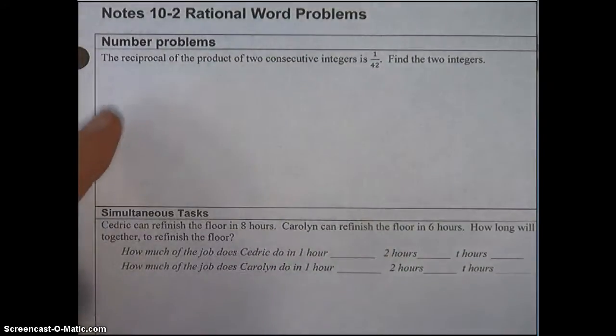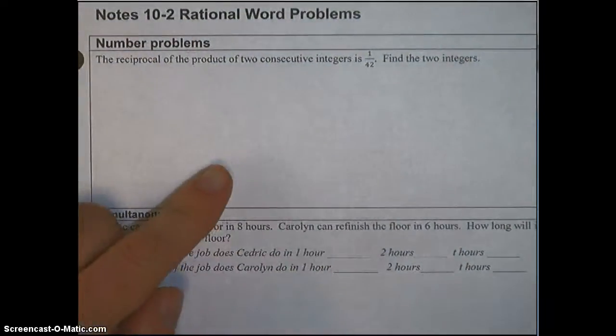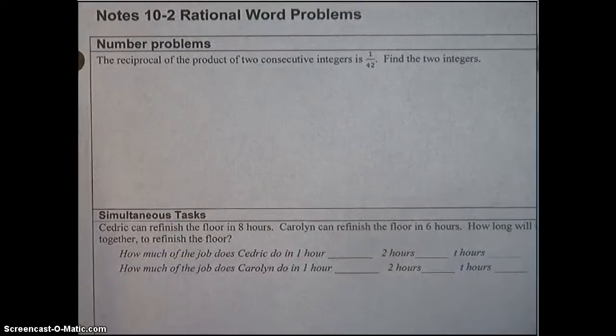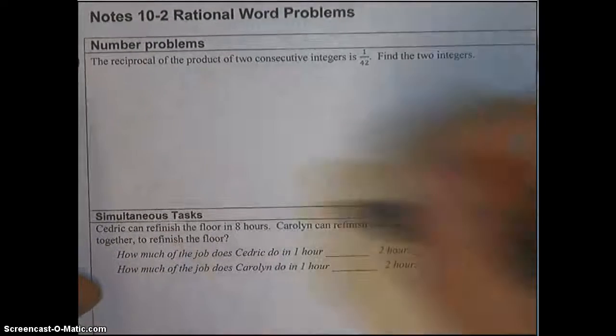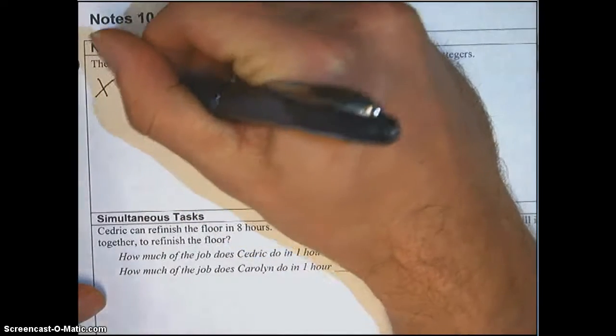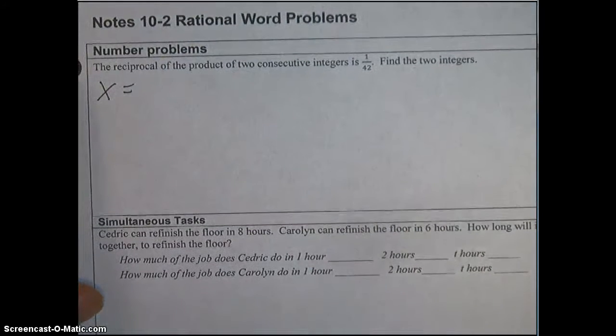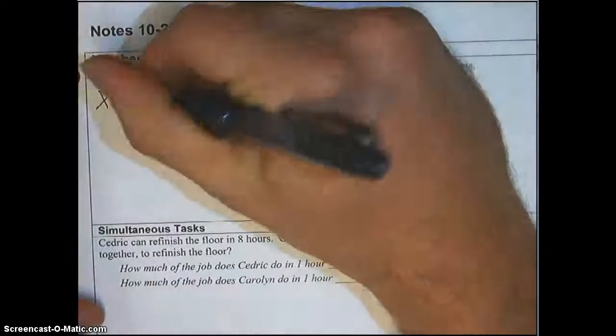For instance here, the reciprocal of the product of two consecutive integers is 1 over 42. Find the two integers. What I always like to do is define my variables before I do anything. So in this case, x is the first integer.